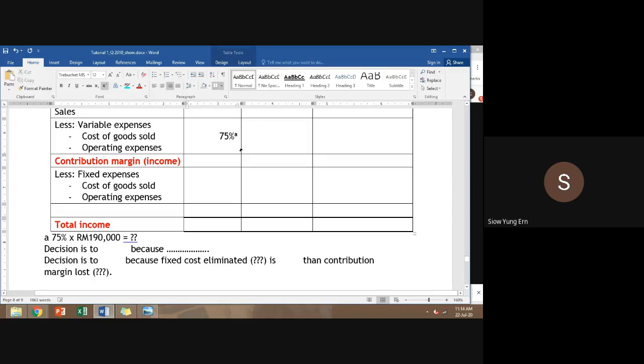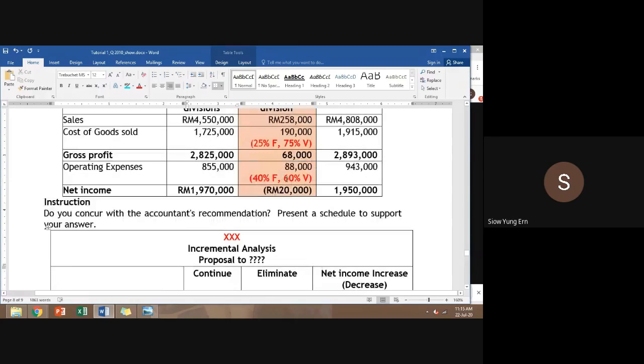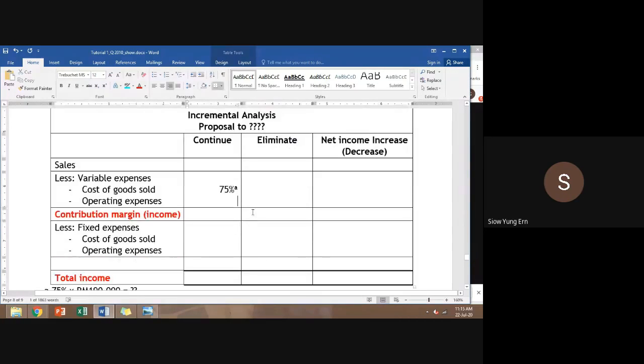Next one, operating expenses. Correct, 52,800. How to get that? 60% of 88,000, so you will get 52,800.